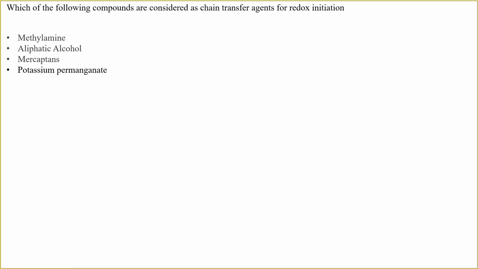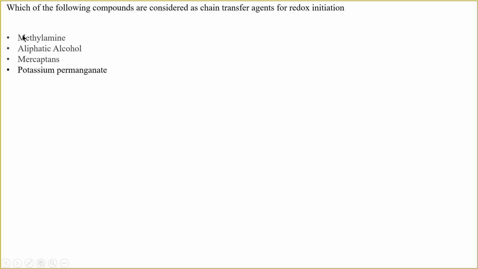That is the exact reason why the first three are suitable for the redox initiation process. Now, the redox initiation process is the process where polymerization is initiated relying on a free radical producing oxidation reduction reaction. So in that, methylamine, aliphatic alcohols, and mercaptans are used as popular transfer agents for redox initiation.